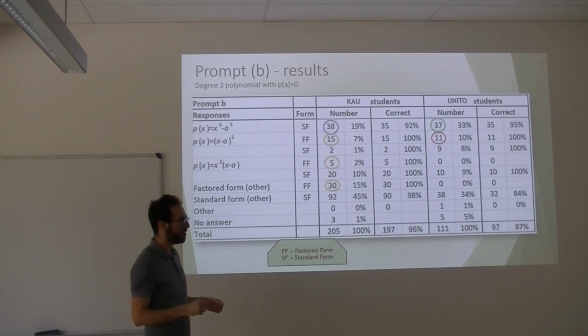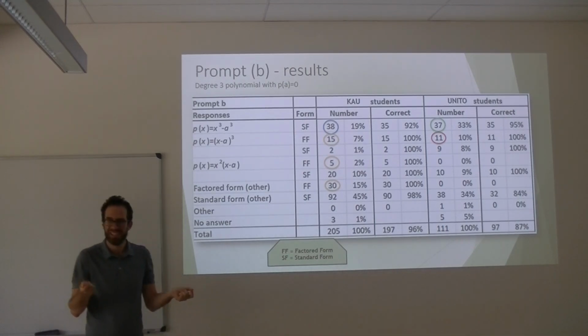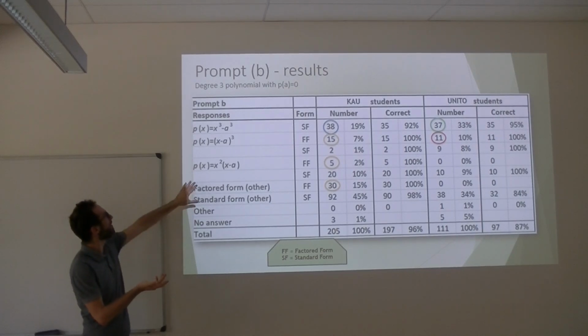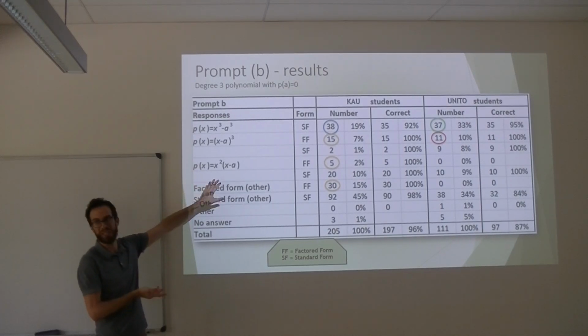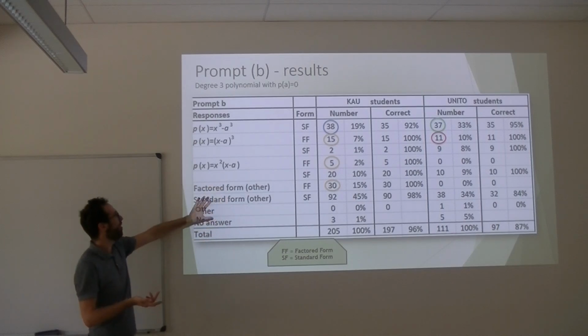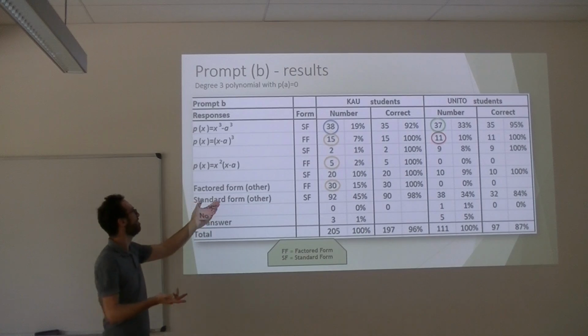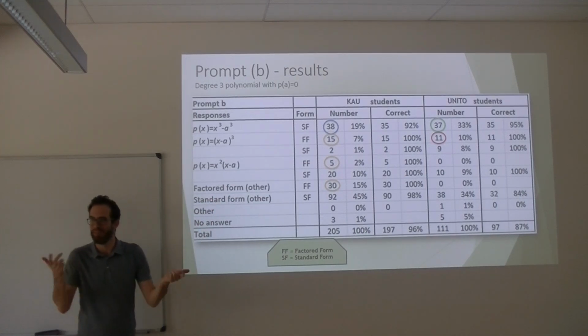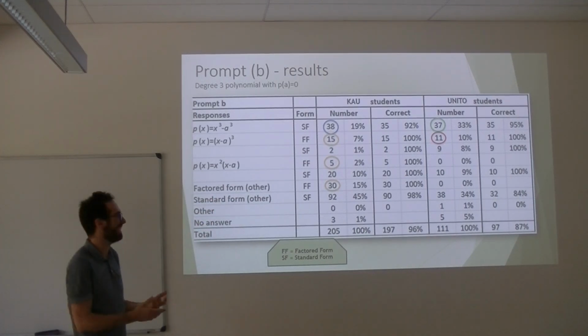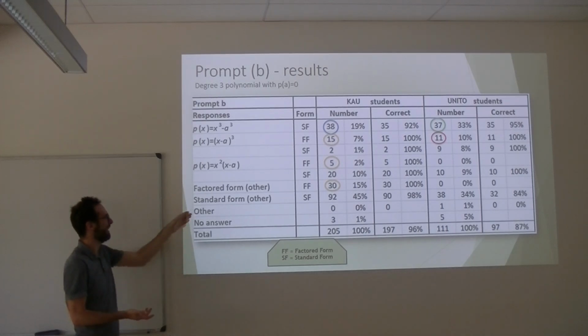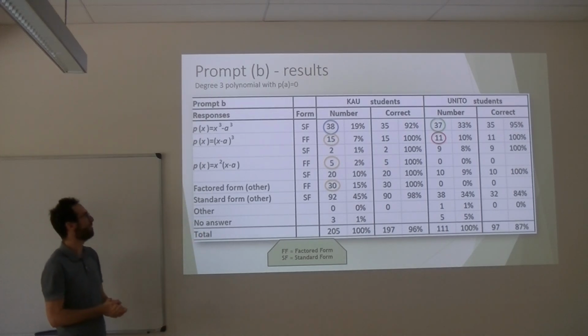Together with the other researcher, we used some coding. There were some forms which were quite common, and some forms where I don't know why they chose them, students who chose really random parameters and there's no reason behind it. That's a little bit more difficult, like other, or no answer, so of course, empty.